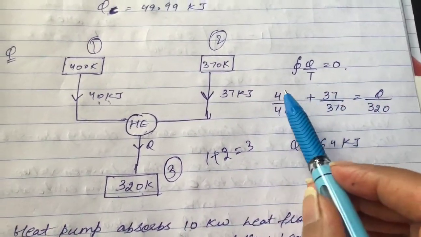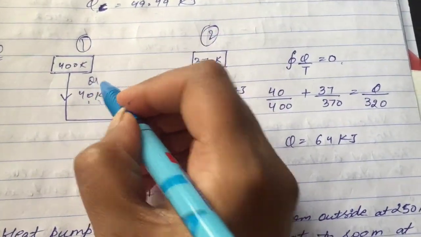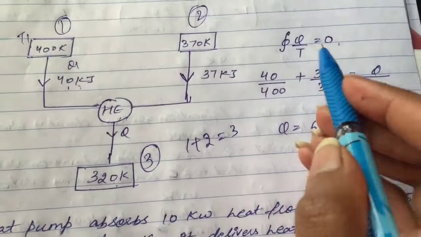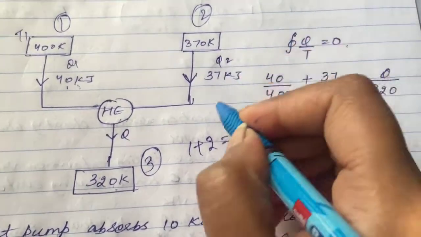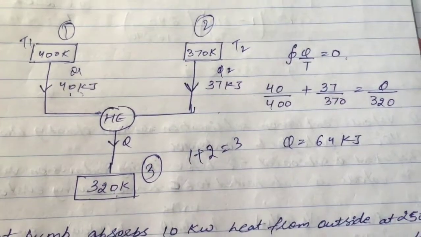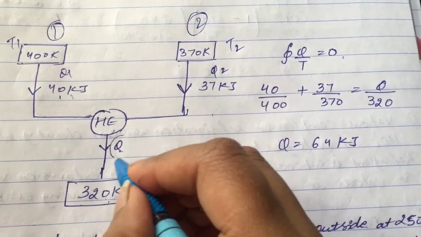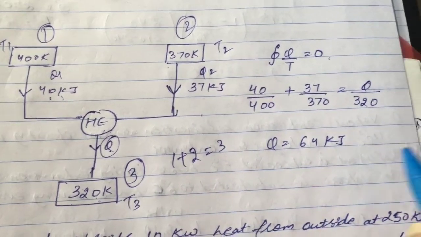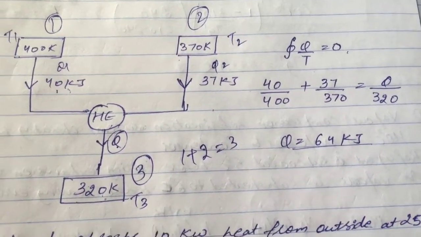So Q1, which is 40 by T1, which is 400 Kelvin, plus Q2, 37 kilojoule by T2, 370 Kelvin, would be equal to Q, which we have to calculate, upon T3, 320 Kelvin. So Q comes out to be 64 kilojoule.